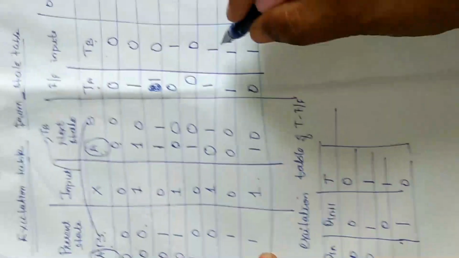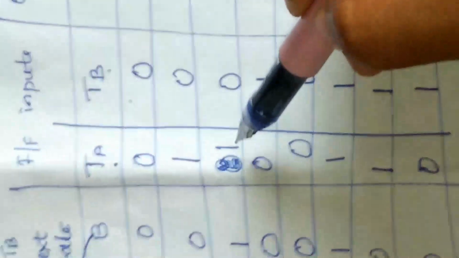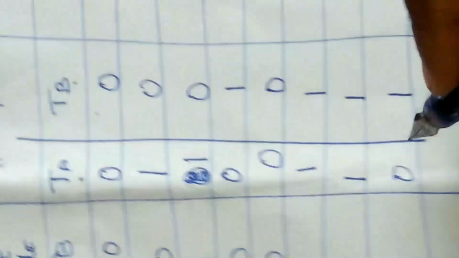So this is my TB inputs. TA and TB are nothing but my flip-flop inputs, and this is my output.